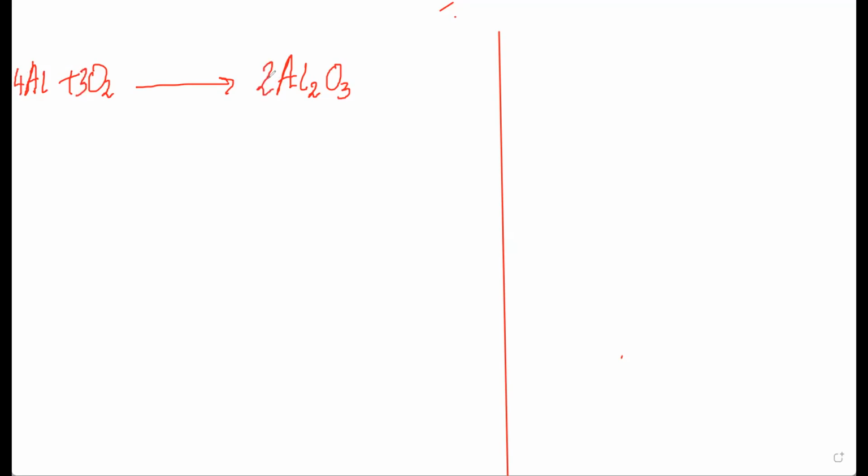So in this case, we have two half reactions. The first one: Al to Al2O3. What happened to aluminium there?